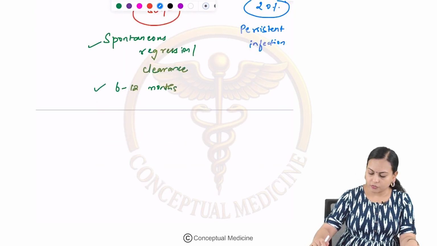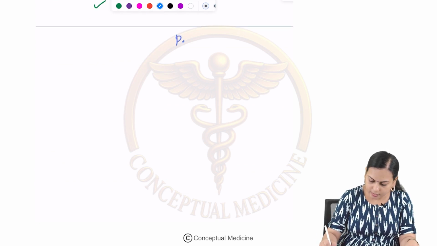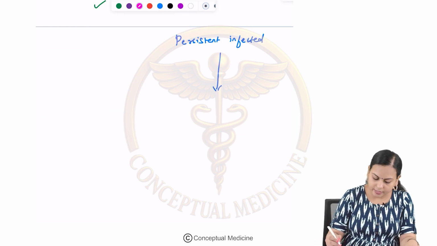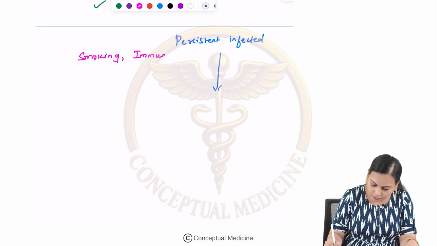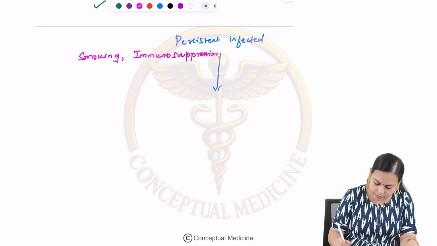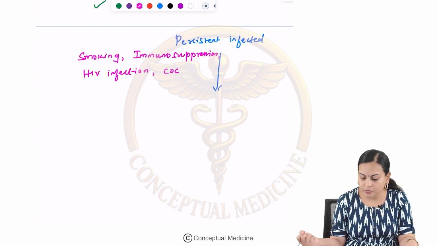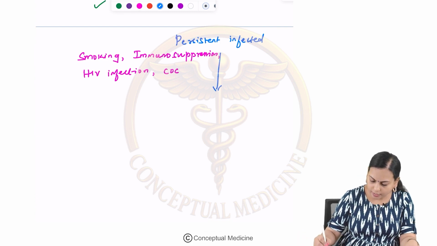Okay. So, when this persistent infection occurs in people having other associated risk factors, like for example, they are smokers, there is a reason for immunosuppression, there is HIV infection or combined oral contraceptive pills are used, then what happens?